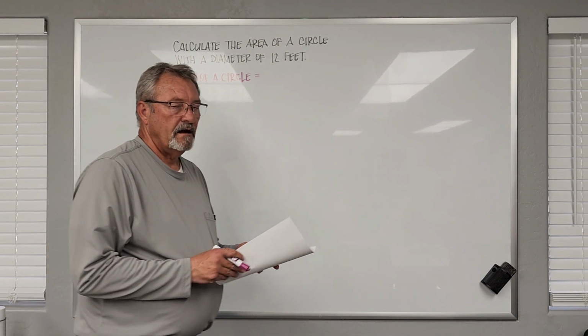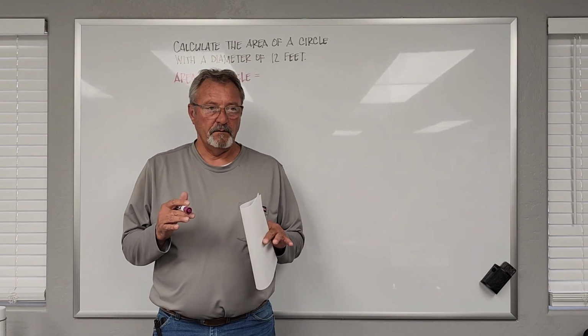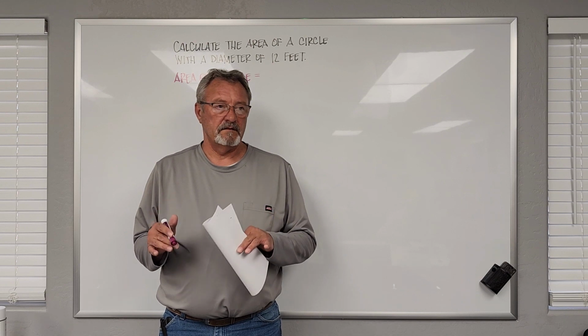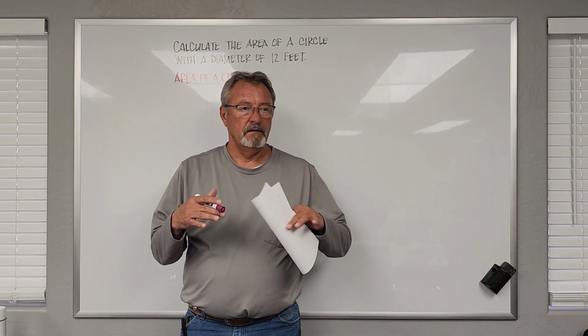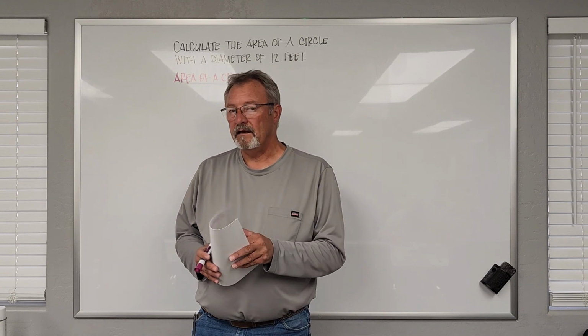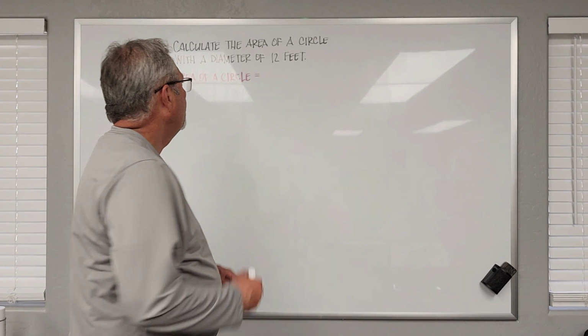The best advice I got several years ago when I first got into this industry was from a friend of mine who said, pick one and use that one. Always use that one, anytime you're doing a circle or a cylinder, any kind of circular object. And what I chose years ago was the 0.785.